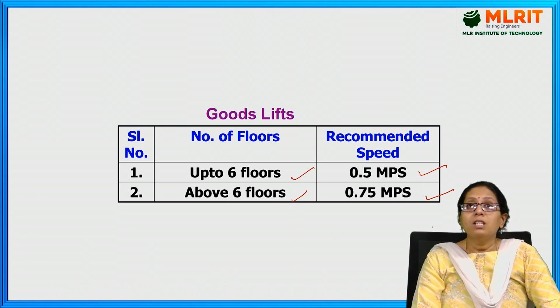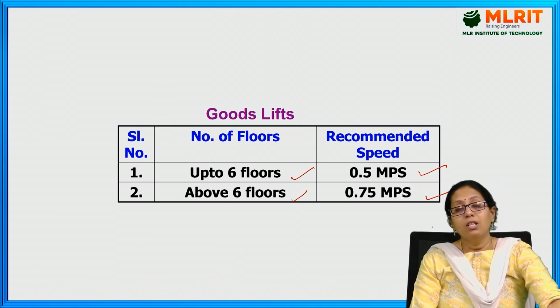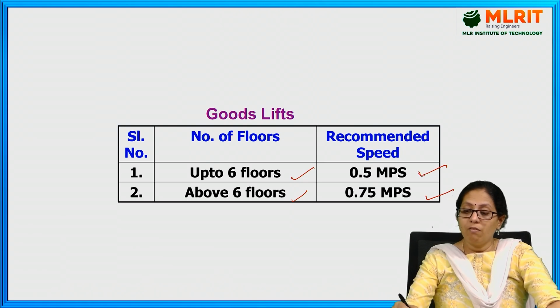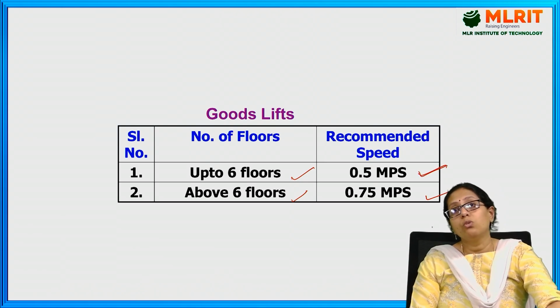Why? Because in order to reduce damage to the goods placed in the elevator, the speed of the elevator is reduced from 1.5 meters per second to 0.5 to 0.75 meters per second.